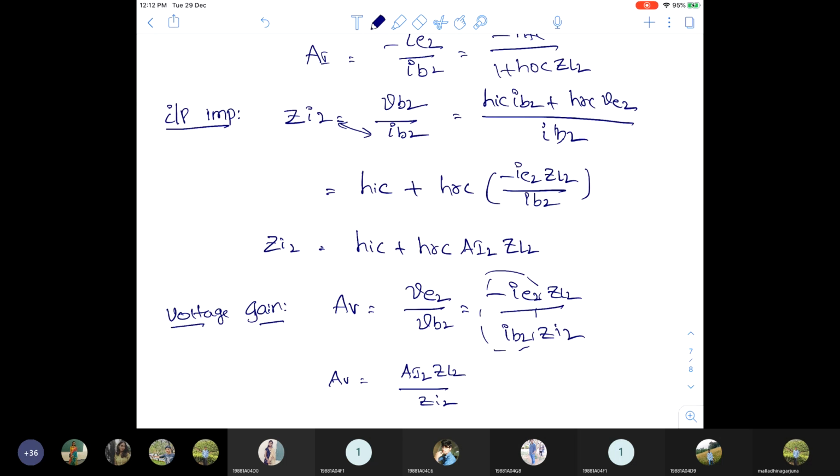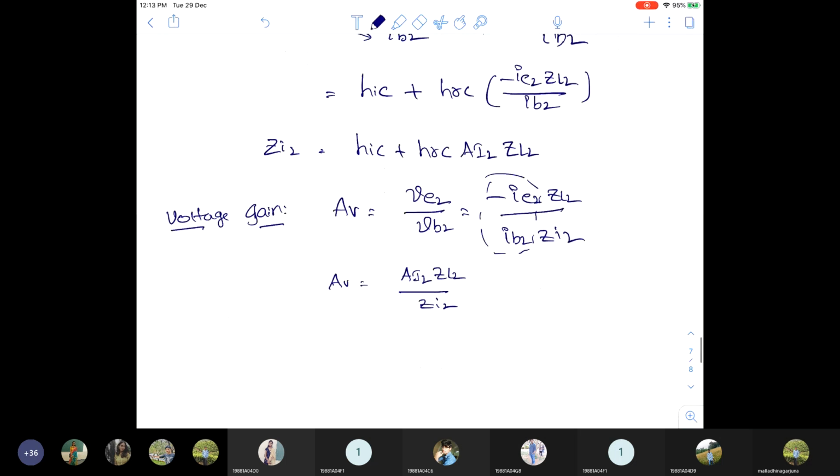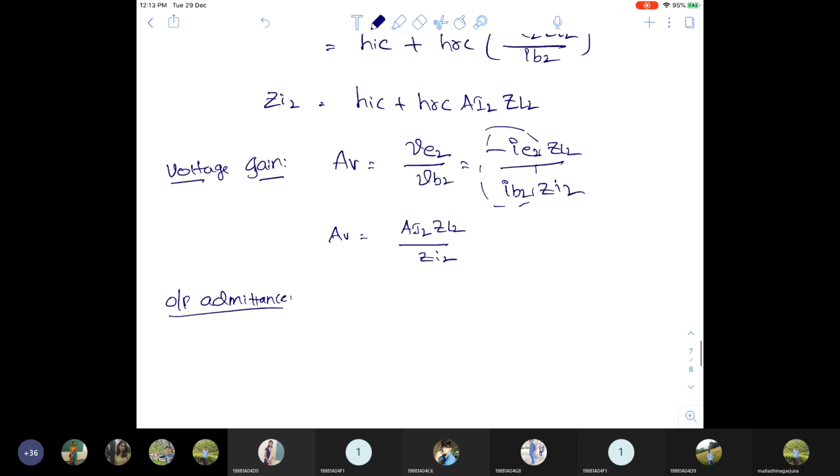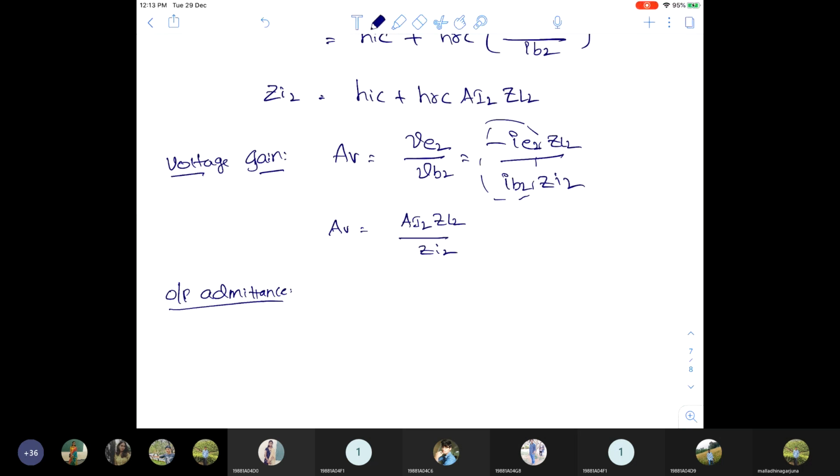Do it for the output admittance next. Can anyone help me to solve this output admittance of the CC configuration?